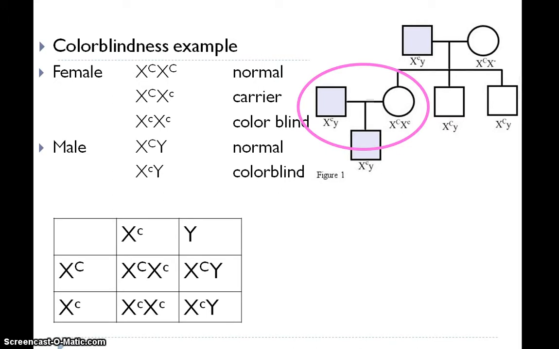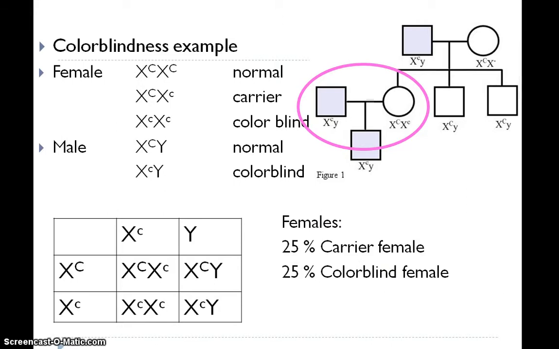We see a carrier female, X big C, X little c, and an affected male, X little c Y. You must write the X and the Y when doing the Punnett square for any X-linked trait. You then write the allele, big C or little c, as a superscript. The Y will never have an allele written next to it.